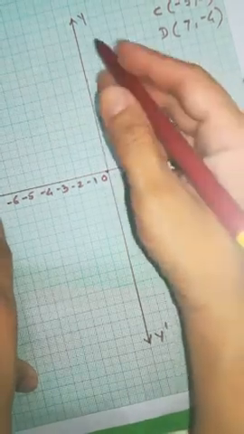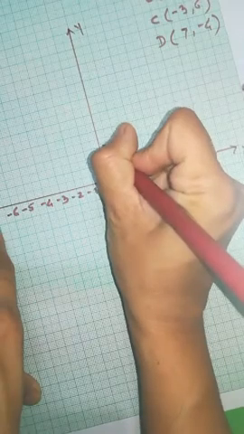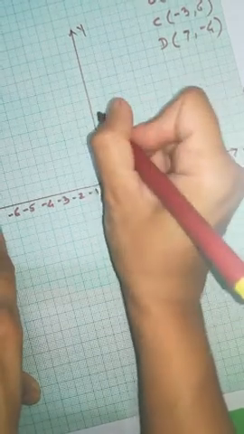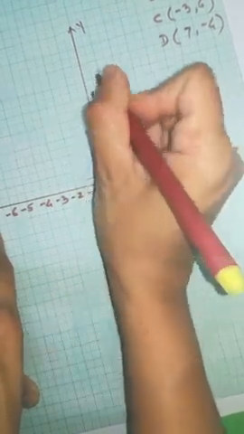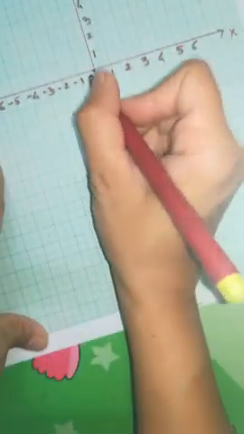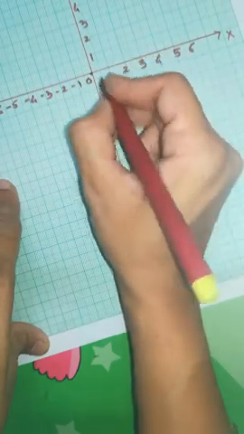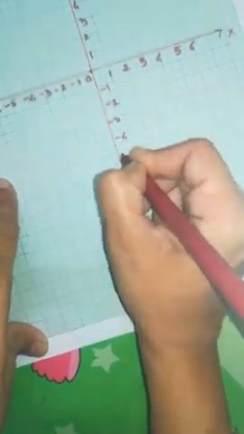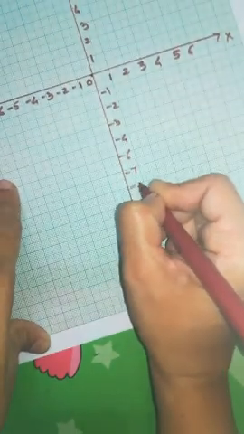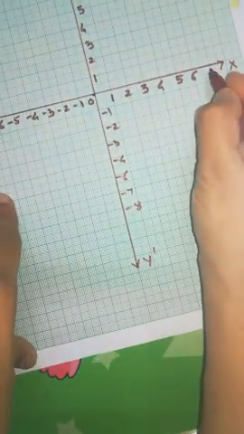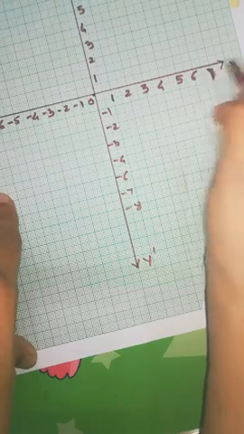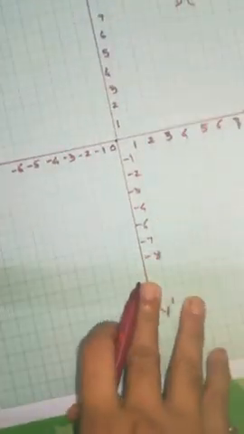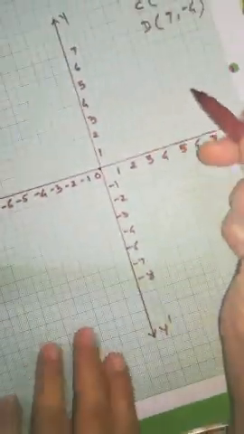And on the vertical axis, above the x-axis there are all positive points. Okay, this is sufficient. Now below there are all negative points. So children, I am ready now. Okay, now we are ready to plot the points on the graph.